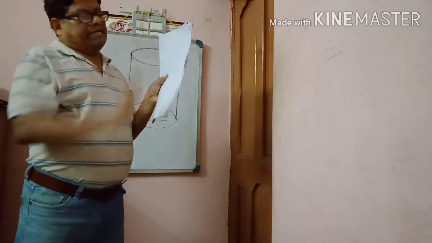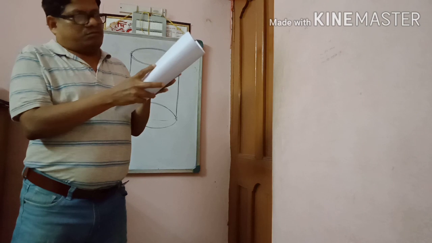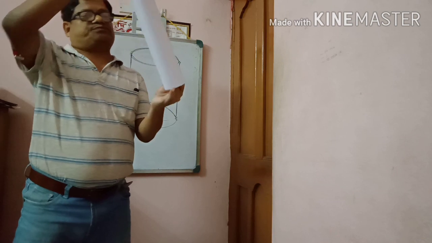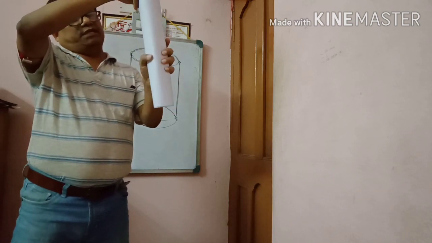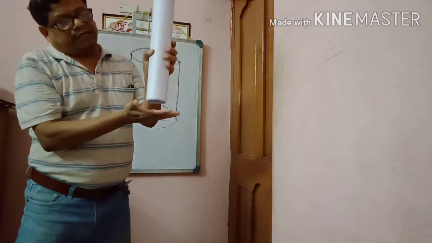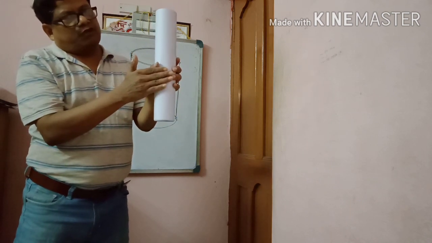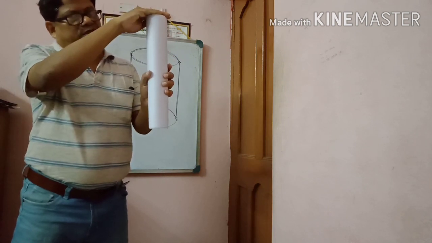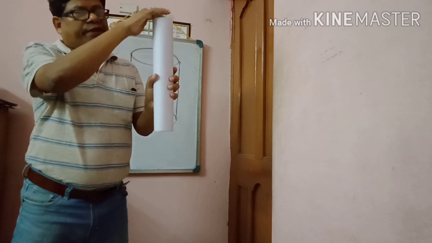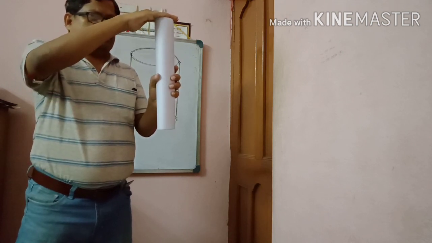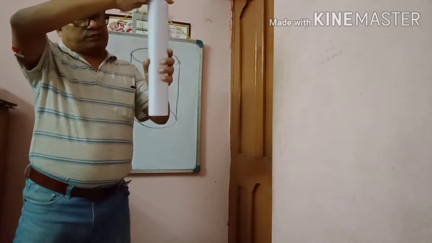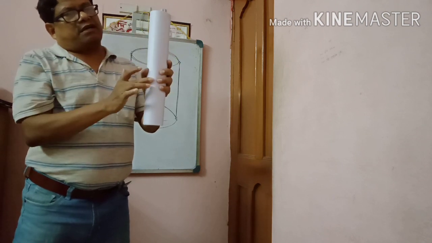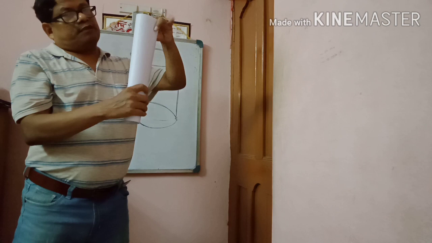Now if we roll it along like that, this is the front space, this upper part, this lower part is a circle. Both are open. If we consider them closed, this is one circle, this is one circle, and this will be the curved surface.